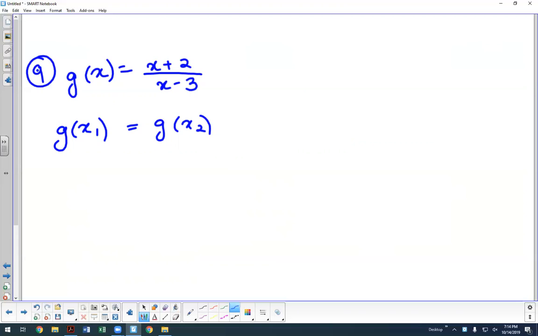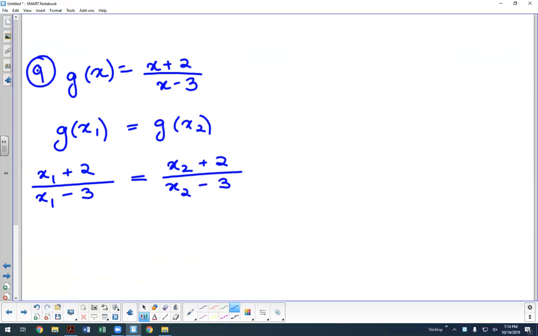So we're actually saying take the g function and replace your x with x sub 1. So in my function definition, that will actually become x sub 1 plus 2 divided by x sub 1 minus 3, and repeat the same thing on the other side with x sub 2. So equal to x sub 2 plus 2 divided by x sub 2 minus 3.